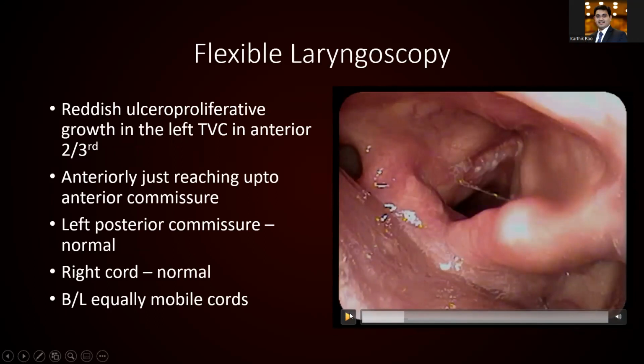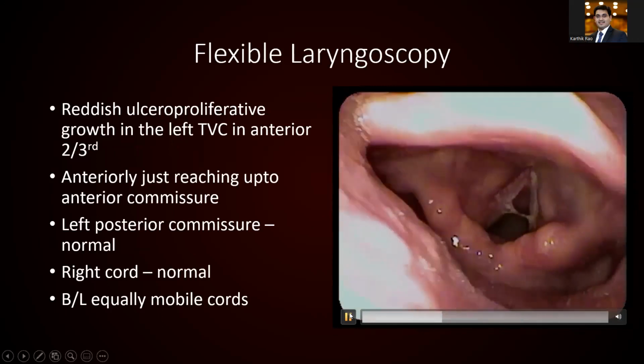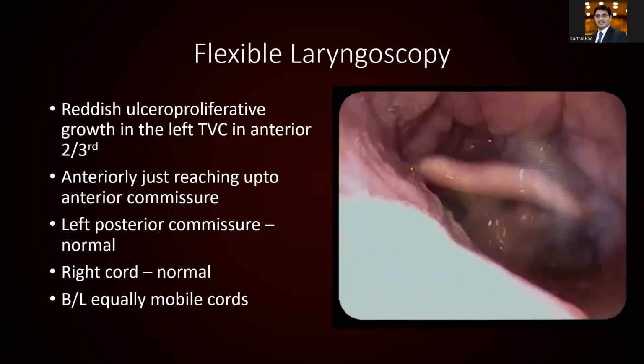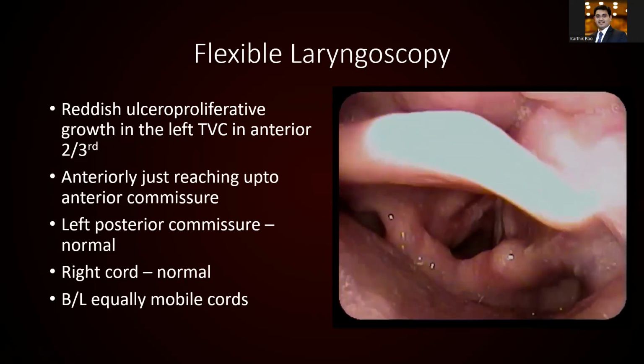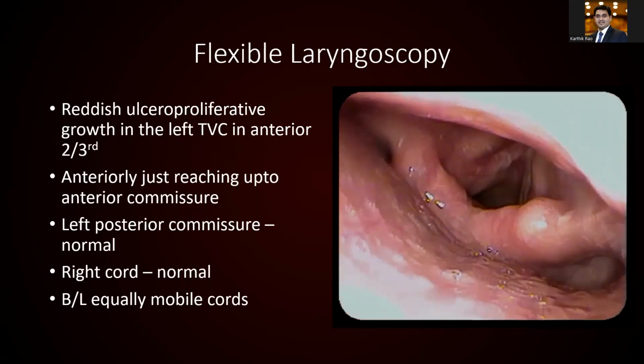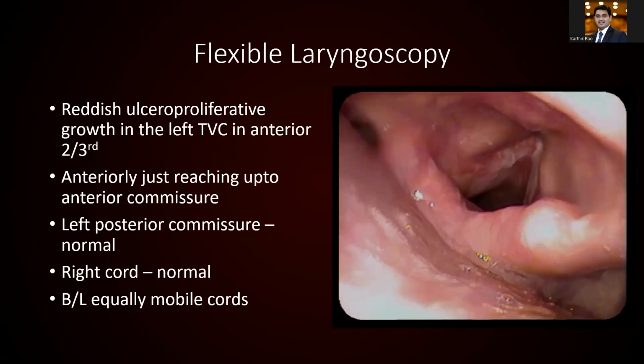Here I am able to see a reddish ulceroproliferative growth on the left true vocal cord in the anterior two-thirds. Anteriorly, it is just reaching up to the anterior commissure. Posteriorly, it is just coming onto the posterior commissure, but not involving it. The right cord appears grossly normal. This is my flexible laryngoscopic examination.